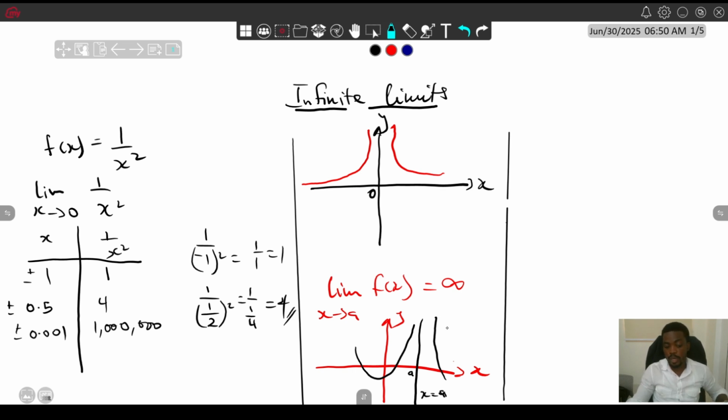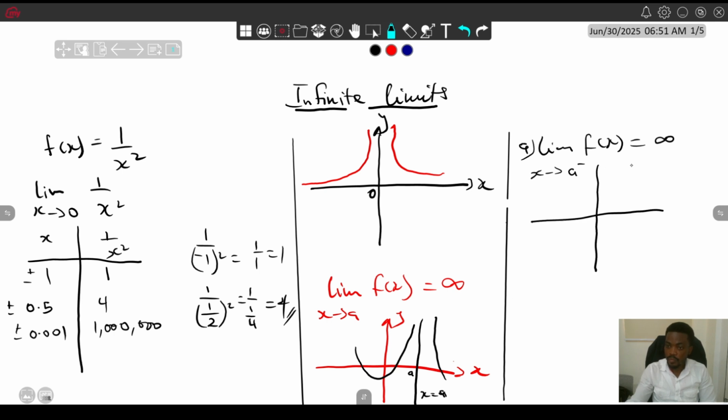There are several instances where graphs have vertical asymptotes. For example, if we have the limit as x approaches a from the left of f of x equals infinity, this graph will look something like this. We have a here, and from the left the graph looks something like this.